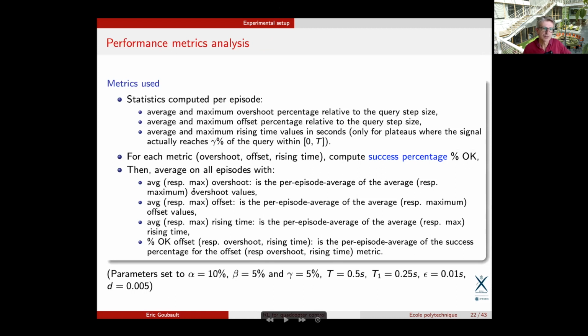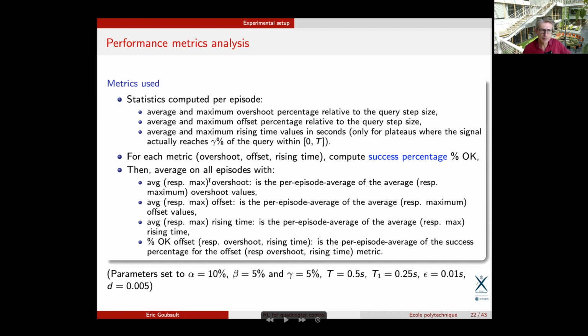which always are best with respect to the average overshoot, which is the average per episode over all episodes used for performance evaluation of the overshoots.